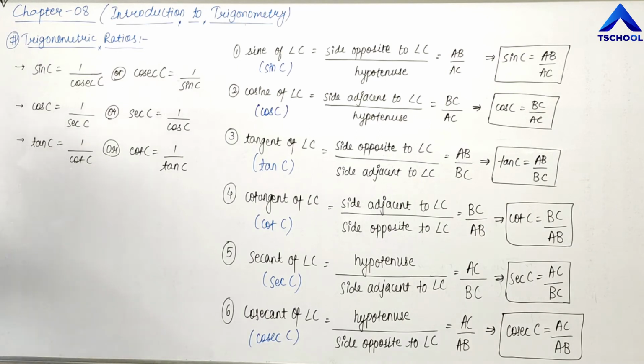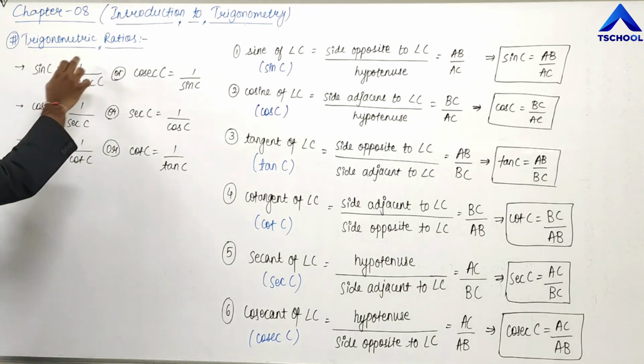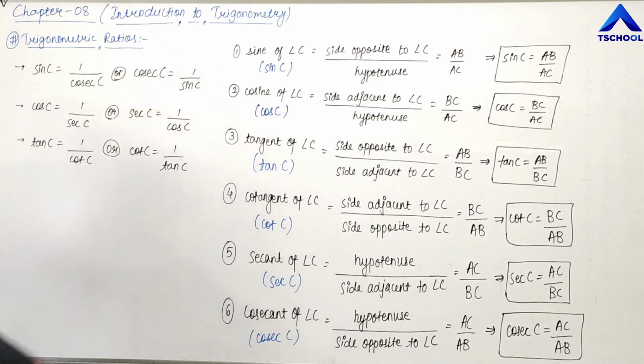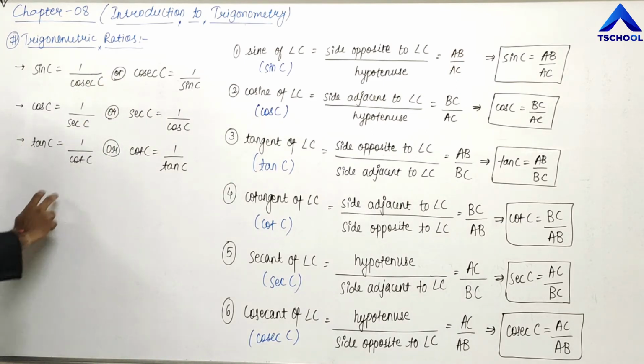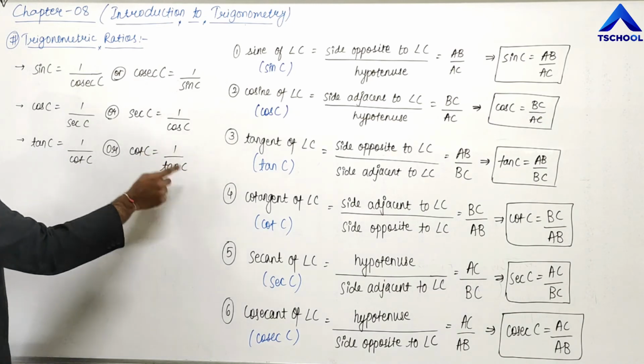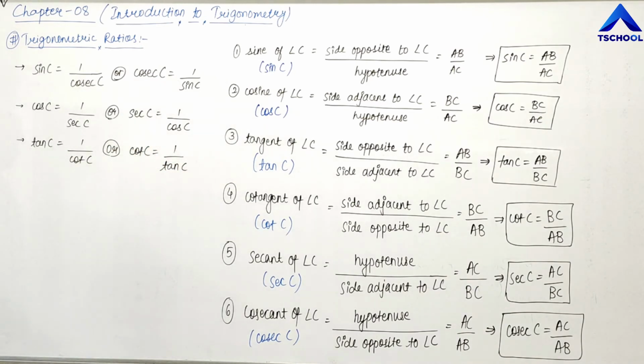So again, let us quickly see that sin C is equal to 1 upon cosec C, or cosec C is equal to 1 upon sin C. The second one, cos C is equal to 1 upon sec C, or sec C is equal to 1 upon cos C. And the third one, tan C equal to 1 upon cot C, or cot C is equal to 1 upon tan C. So these are the ratios, friends, that we need to understand from the first triangle that we have seen. Just take a look over it, and I insist that you note this down somewhere in a book.